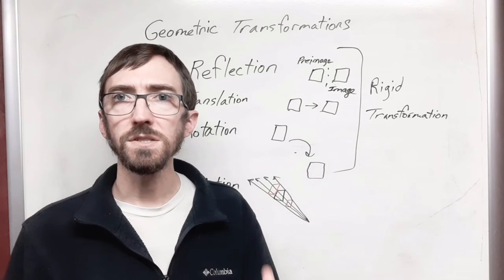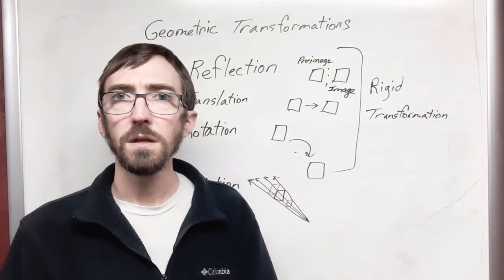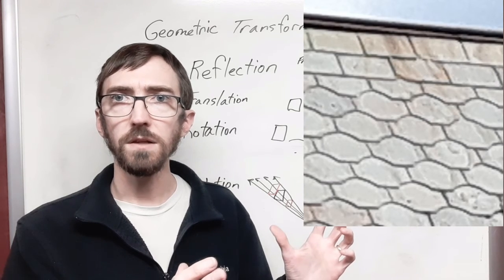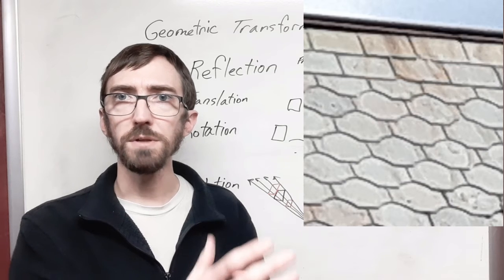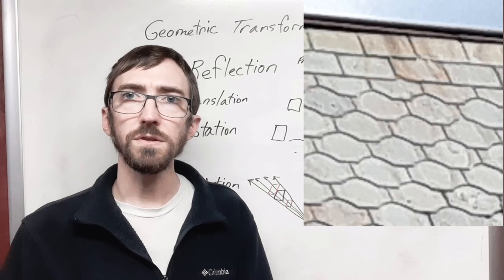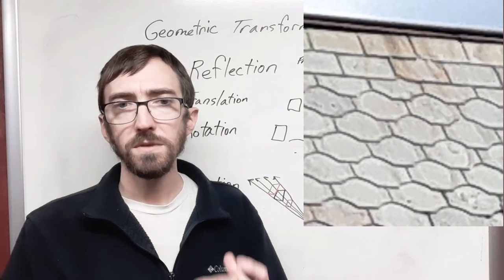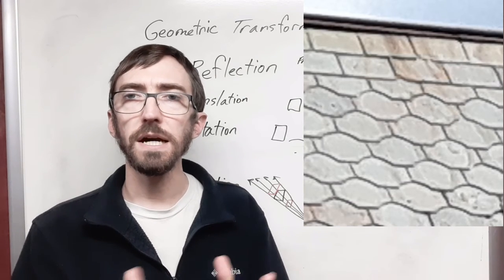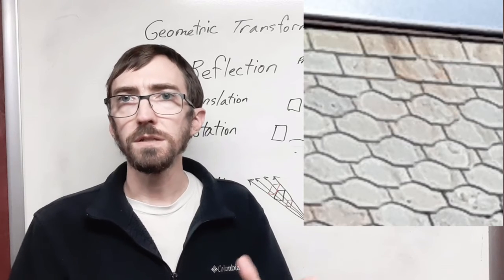And then I have an example of a house, and this is the roof tiling for the house, and you can see this repeated pattern that covers the roof. Now, technically there is some overlap because that's the way the roof looks, but when you look at it as a two-dimensional image, it is a tiling.